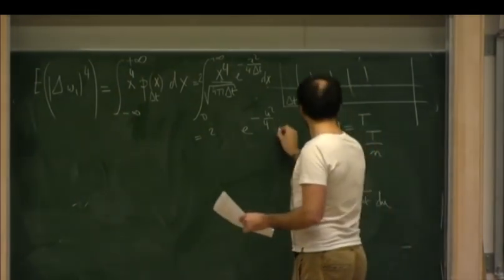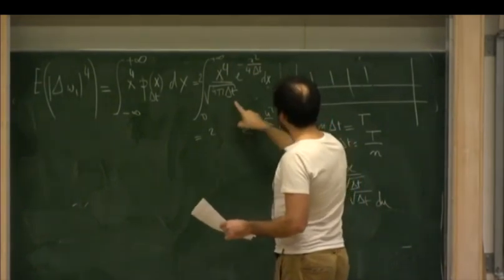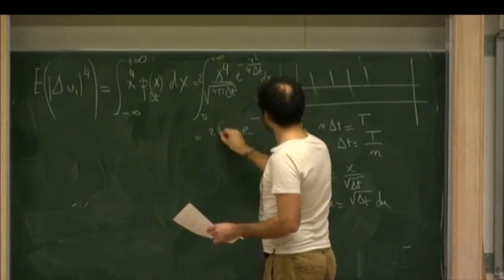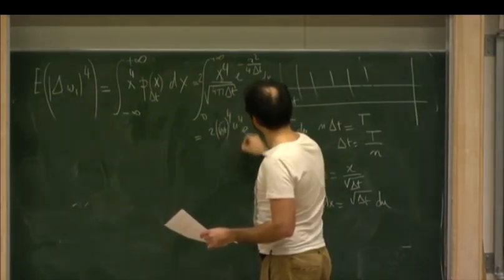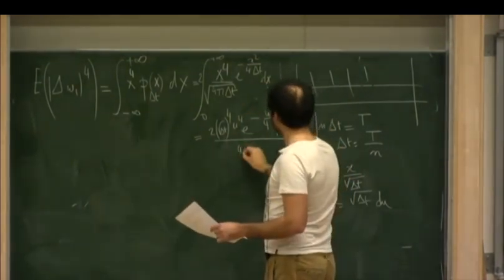So you get square root delta t here, du. You have x to the power 4, which is square root delta t to the power 4, u to the power 4. And then we have to divide by 4 pi delta t.